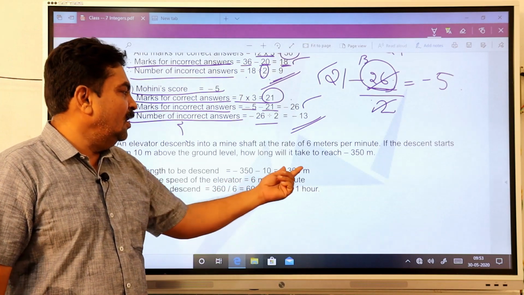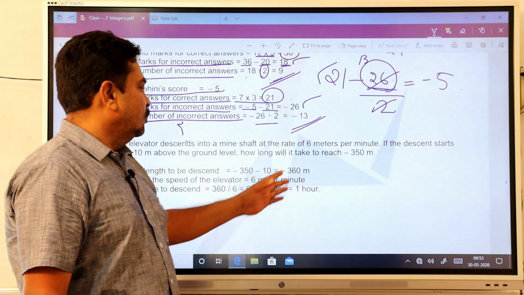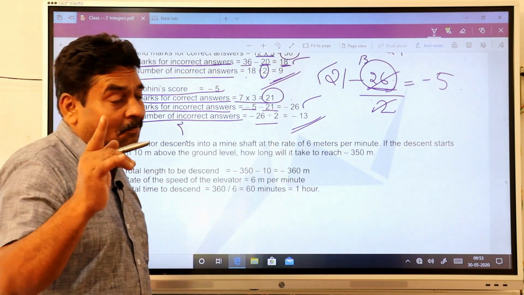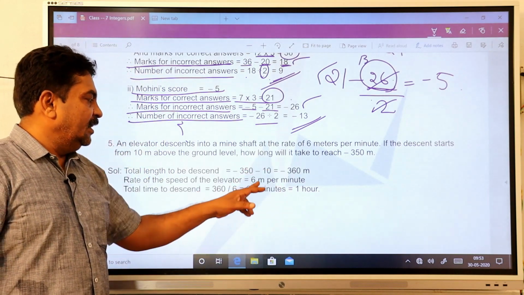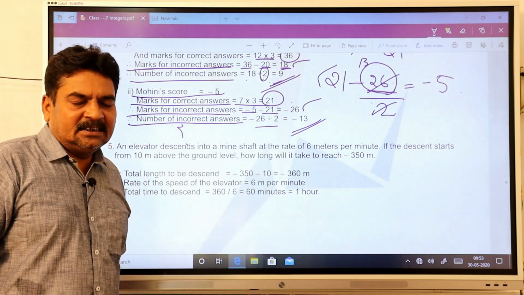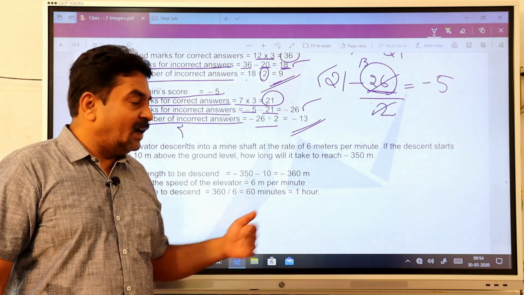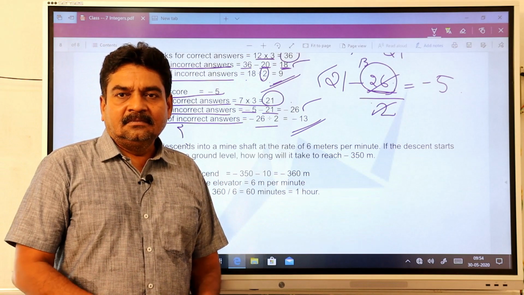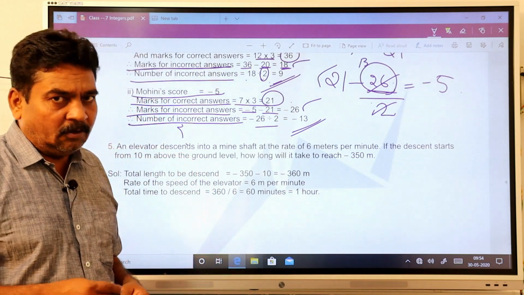So total, minus 360 meters. Simply divide by 6 meters per minute. 360 divided by 6 is 60 minutes, which is 1 hour. So it takes 1 hour to reach 350 meters down the ground.